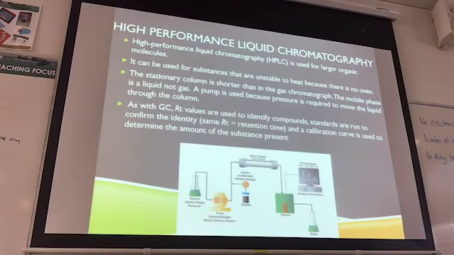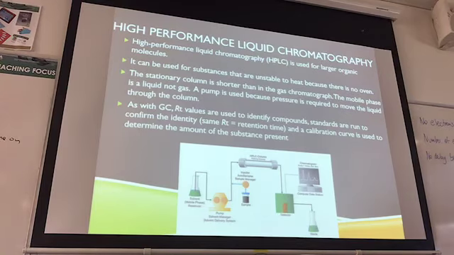Last one we're going to talk about very briefly is high-performance liquid chromatography. So this is used for larger organic molecules, and it's used when they're unstable in heat, because there's no oven involved in this style of chromatography.